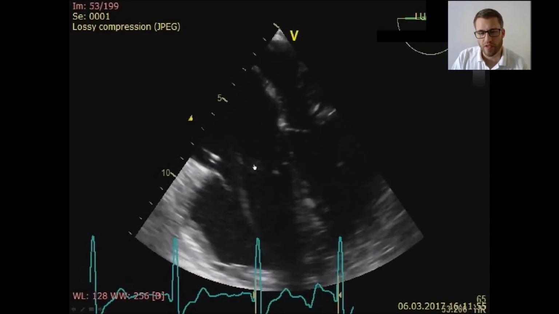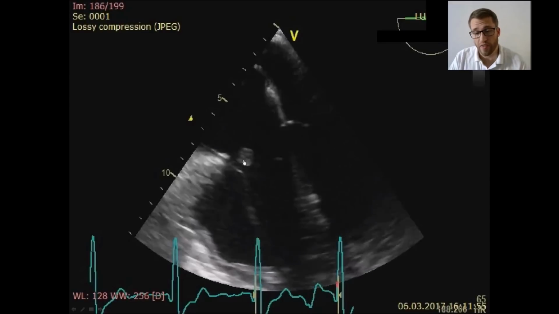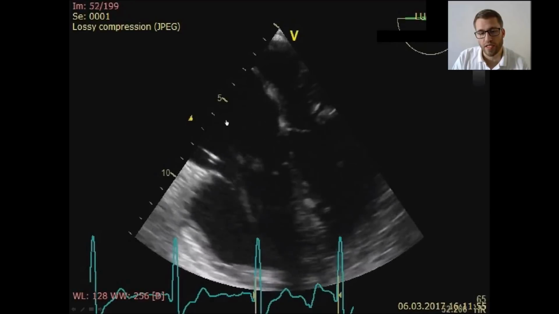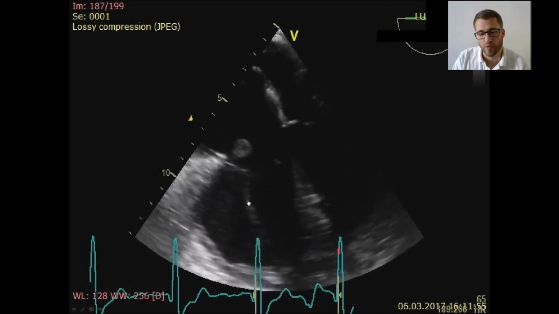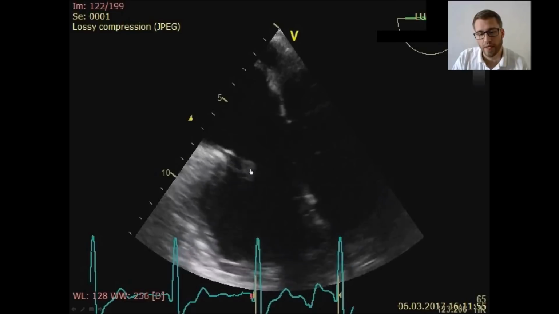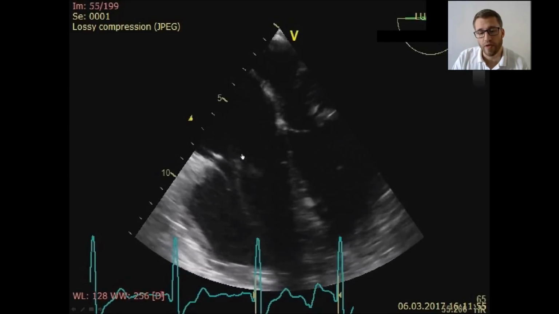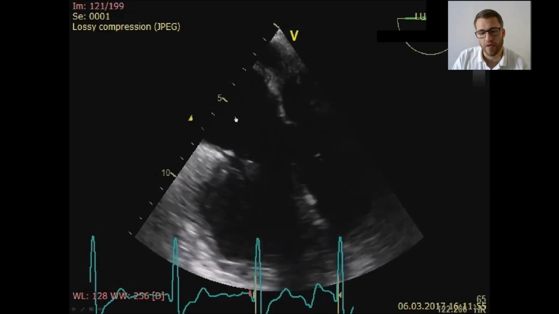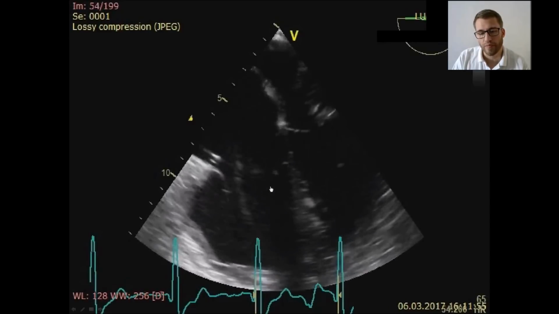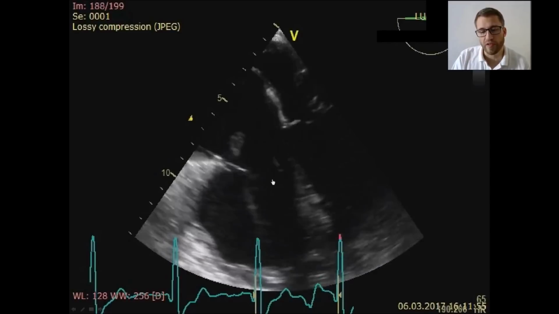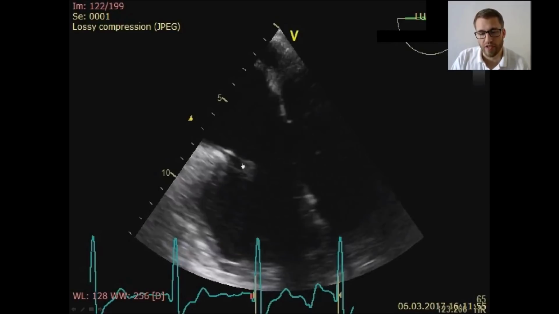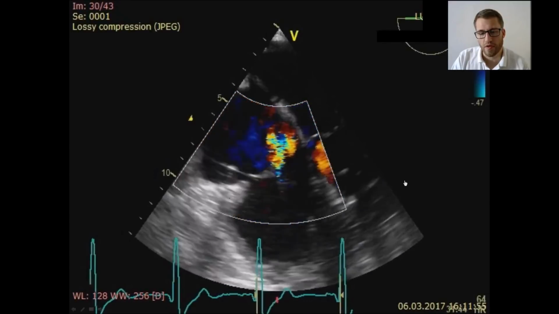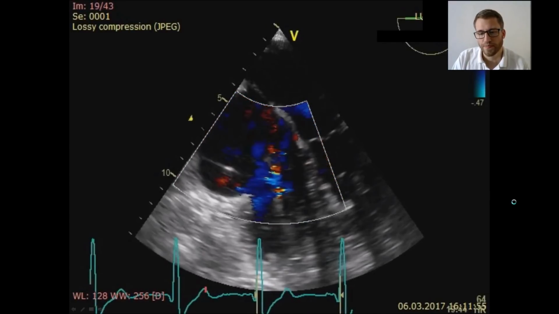In this view I had the impression that the structure is attached to the ventricular lead going from the right atrium over the tricuspid valve into the RV apex, and it is attached here. Very much movement of the structure, floating in the right atrium and over the tricuspid valve into a part of the right ventricle. And this is the tricuspid regurgitation jet.